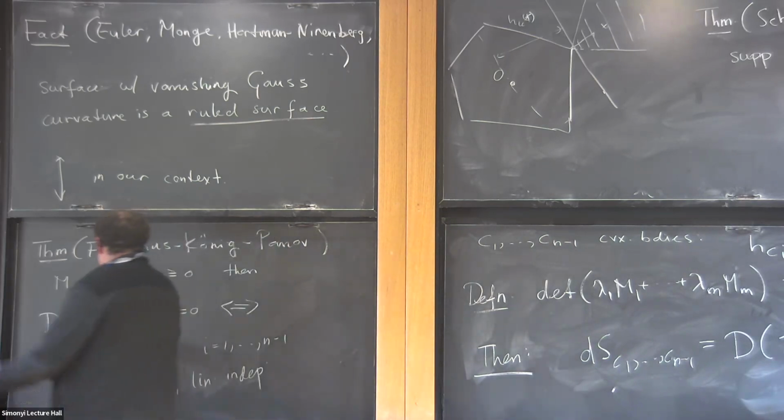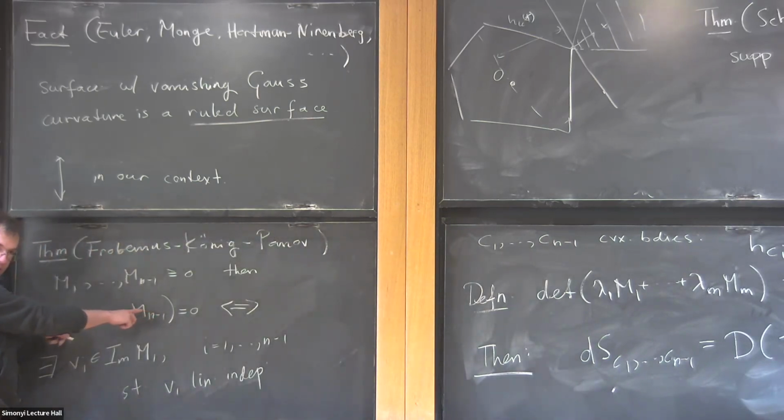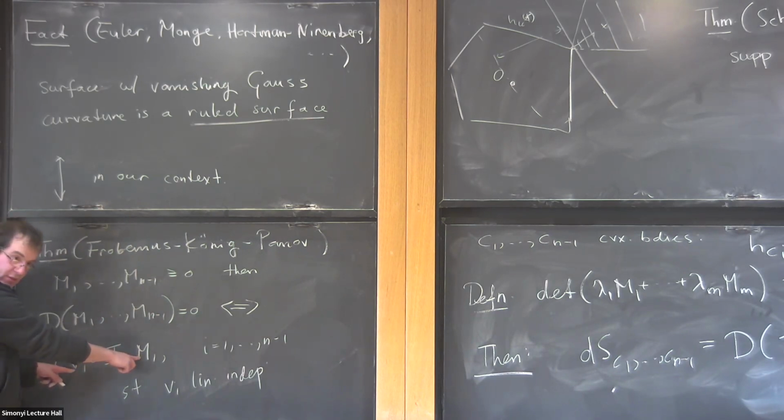So you see, if all these matrices are the same, I get the determinant back. So let's see what happens. If all these matrices are the same, then this being 0 means that there exist n minus 1 vectors in the image of the same matrix that are linearly independent, right?